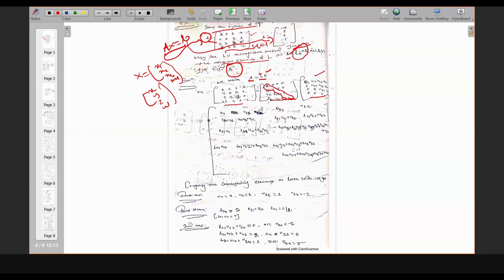Since it is a 4 by 4 matrix, I have written U11, U12, U13, U14, then 0, U22, U23, U24, U33, U34, then U44. Now you multiply these two matrices, L and U, and you get the matrix like here.